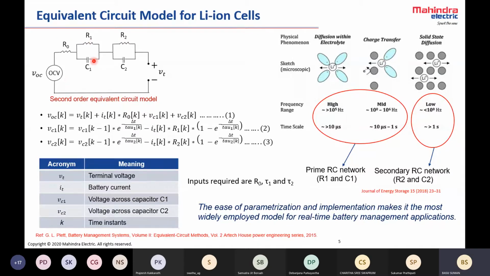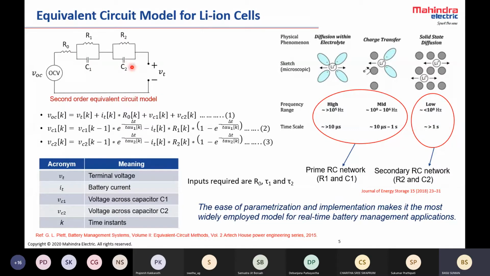One resistance, of course, you can understand that if we try to draw more current, the resistance will be there because inside, of course, there are connections through which these electrons are coming out. So there will be some resistance. These RC circuits are basically for the diffusion process that goes on inside.